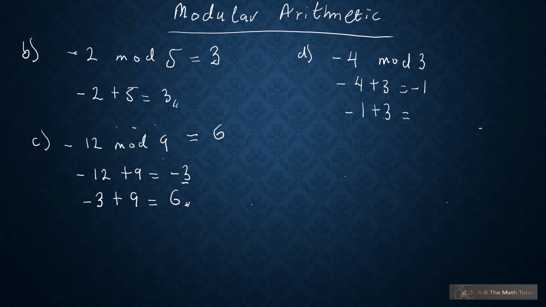So this is 2. That's the final answer. So when you are dealing with negative numbers, you need to keep adding the modular number, and when you add the modular number, you do so until you get a positive number, and that positive number will be your final answer.